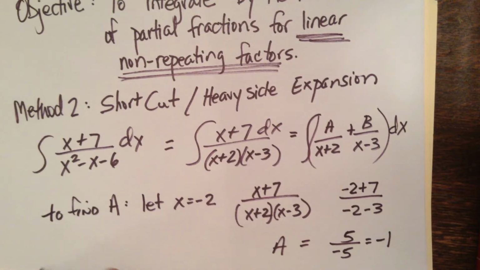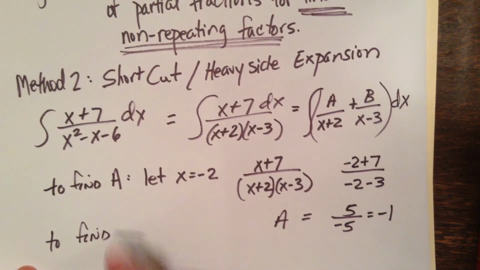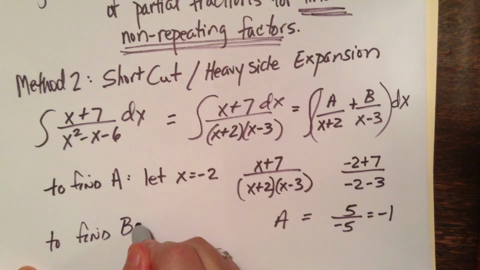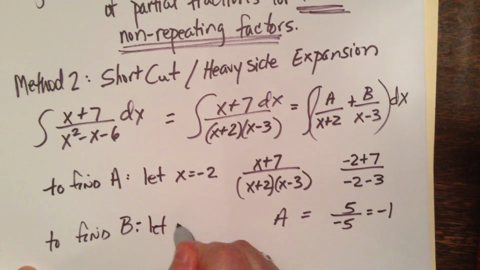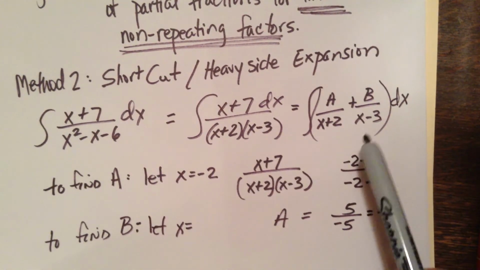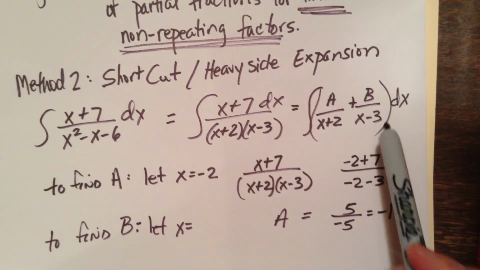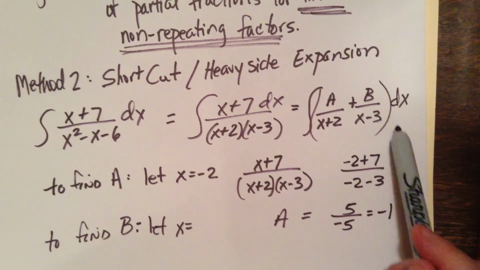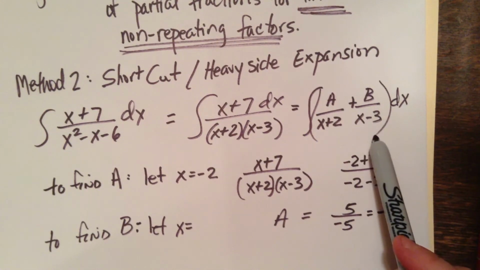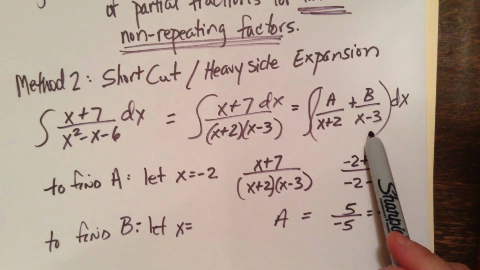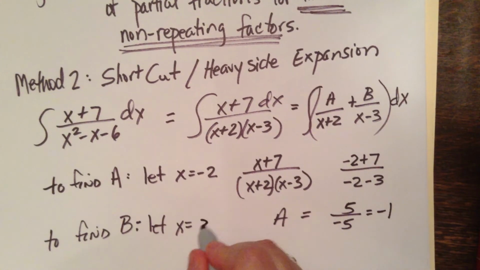And to find B, we're going to go over to the fraction that has the B in it. Look below it and ask yourself, what value of x will make this denominator undefined? When x is 3.